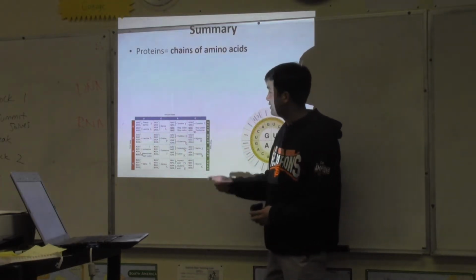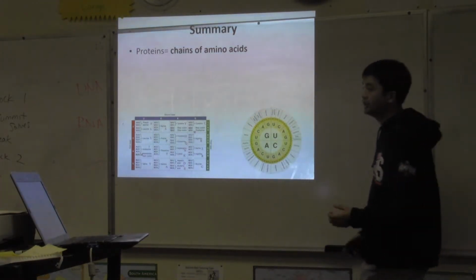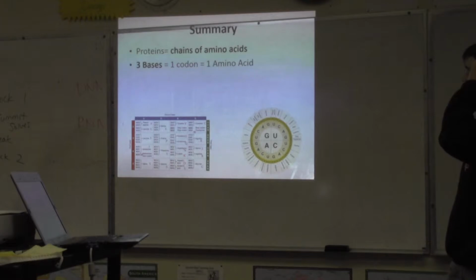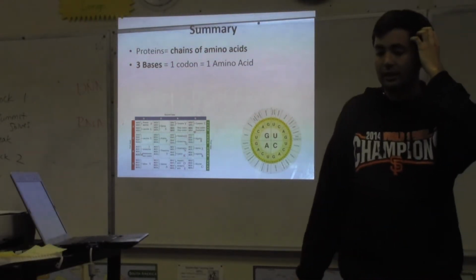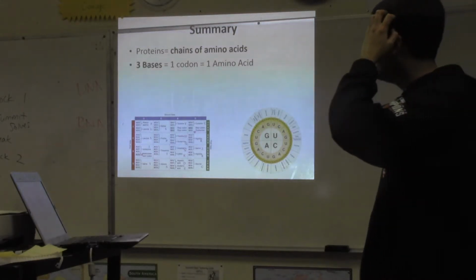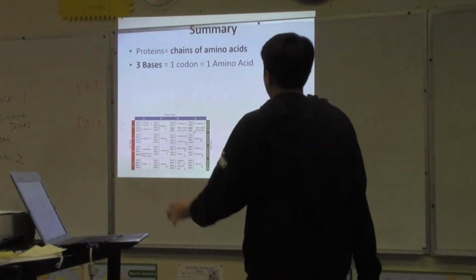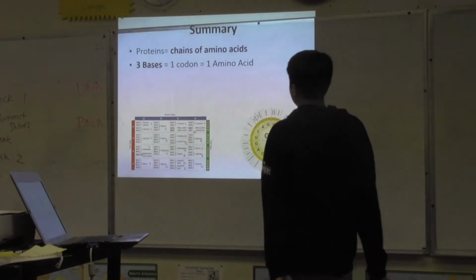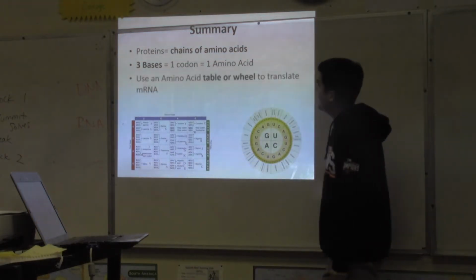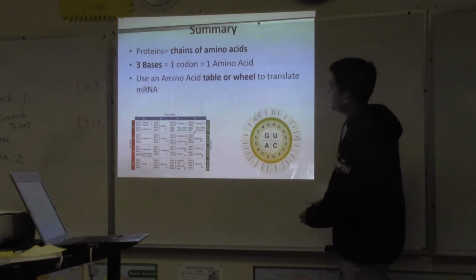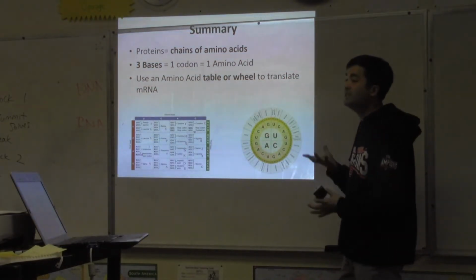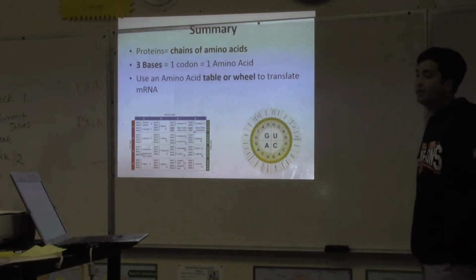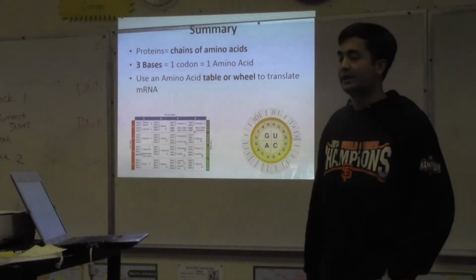We use those 3-letter sequence codons to figure out what the big chain of amino acids is. 3 bases equals 1 codon equals 1 amino acid. Just have that ratio in your mind. 3 bases, 1 codon, 1 amino acid. And then just remember that we use the table or the wheel to translate or decode the mRNA to figure out what information is in that mRNA.